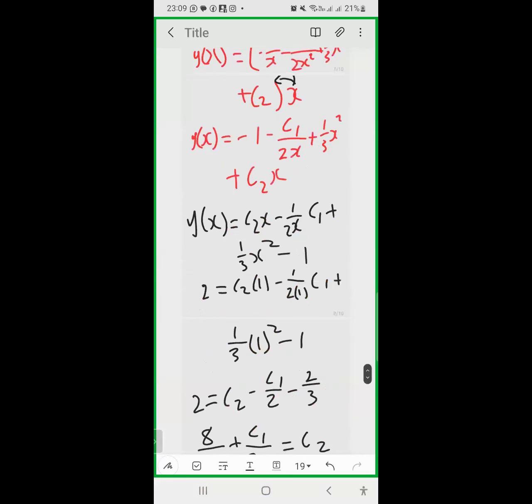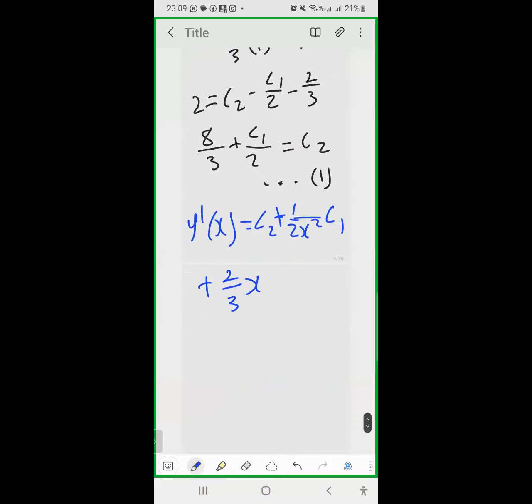So this will be minus 3 equals c2 plus 1 over 2 into 1 squared. 1 squared is 1, so this will simply be 1 over 2 c1.